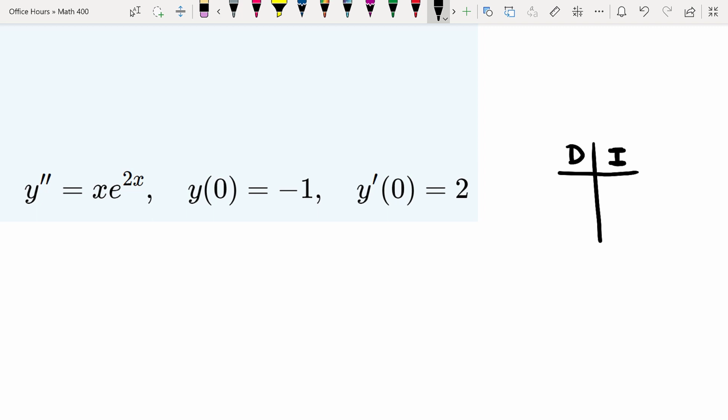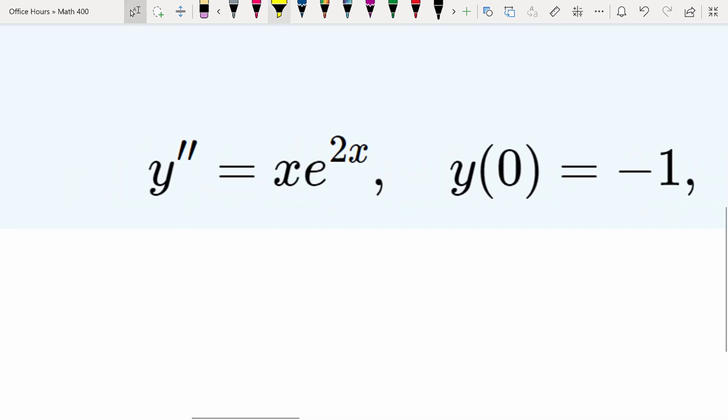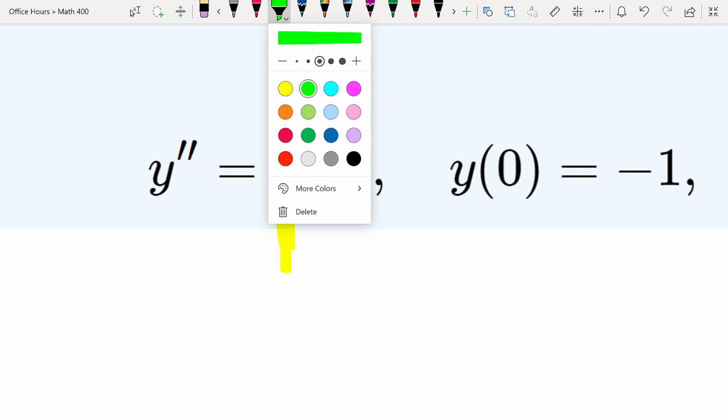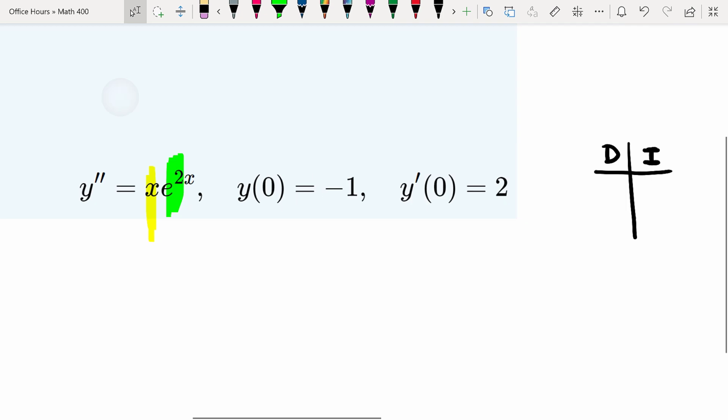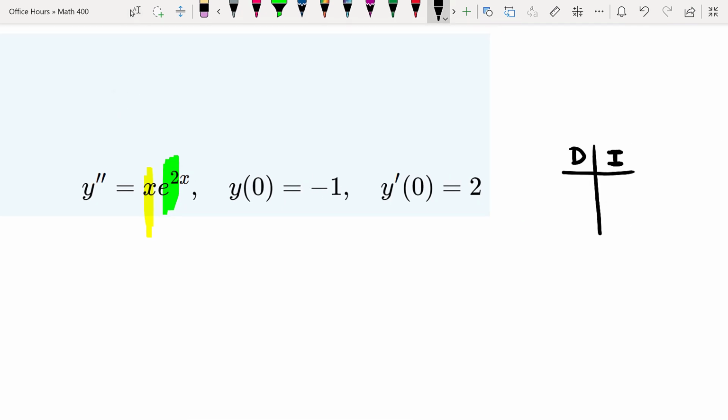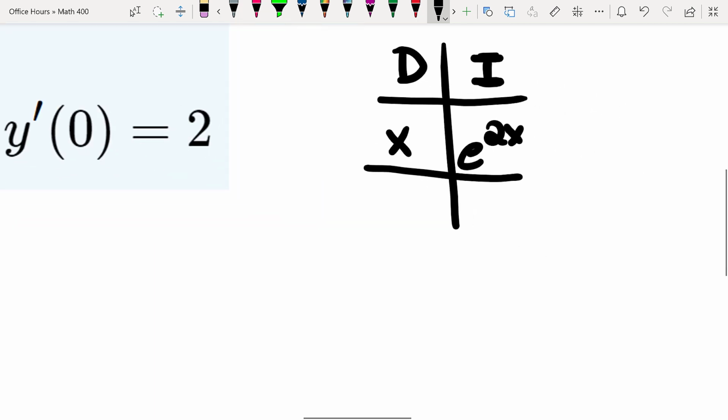You choose the factor that you're going to differentiate, and the factor that will be integrated. So x will be the factor that I differentiate, and e to the 2x will be the factor that I integrate. Now, if you differentiate x, you get 1.